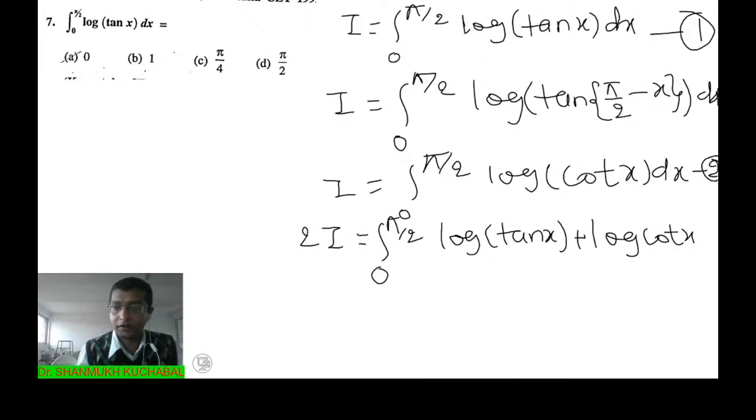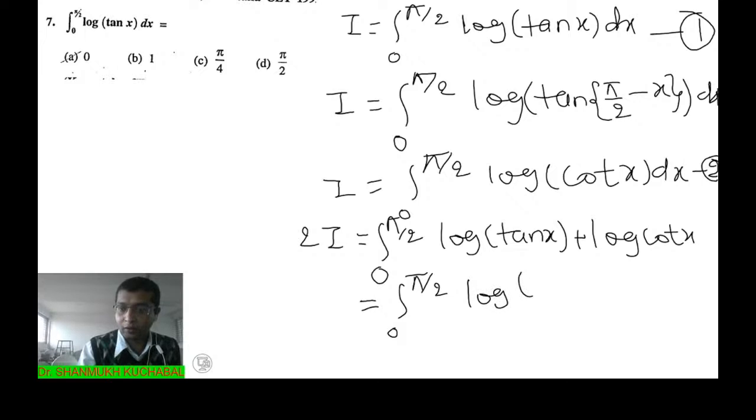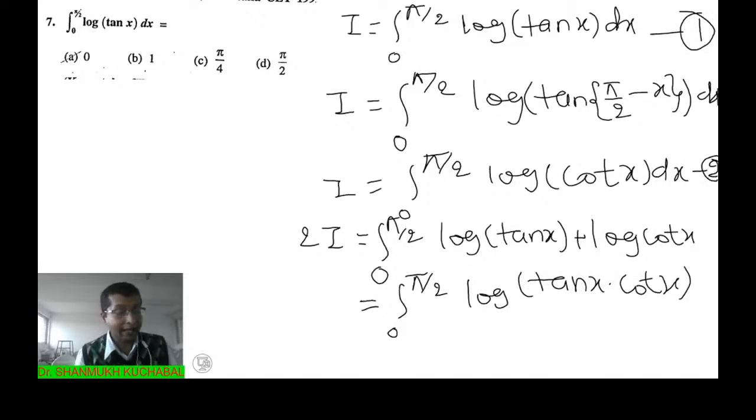Further we simplify this. Log a plus log b is log of a times b, that is tan x times cot x. These are reciprocals of one another, so they cancel. We get 1.